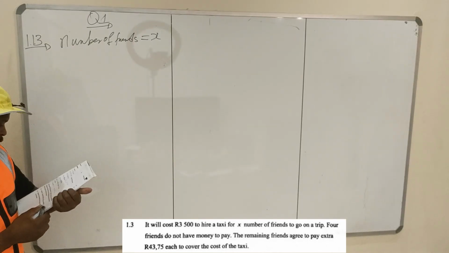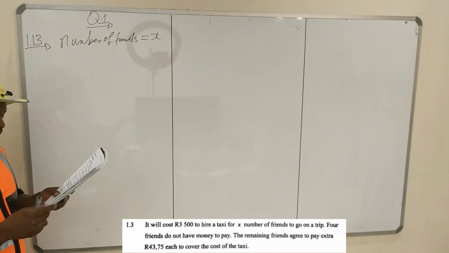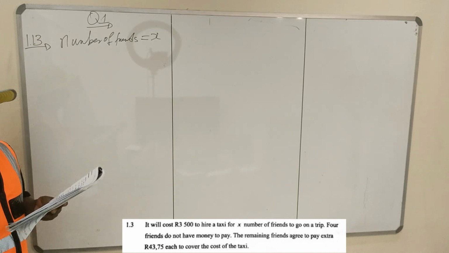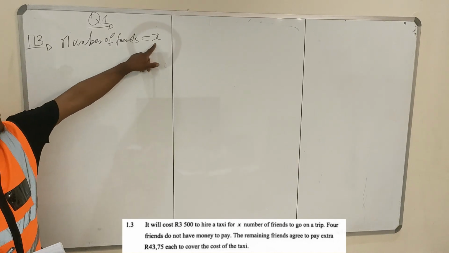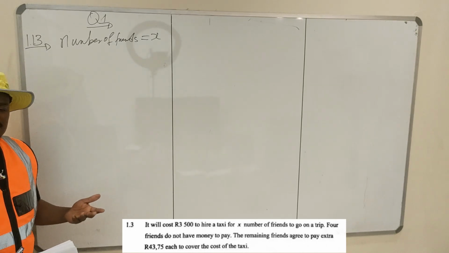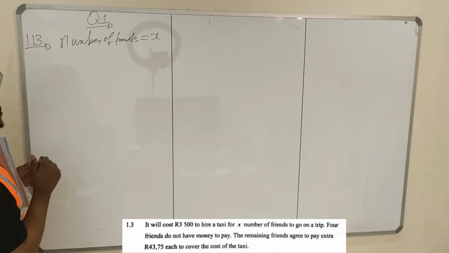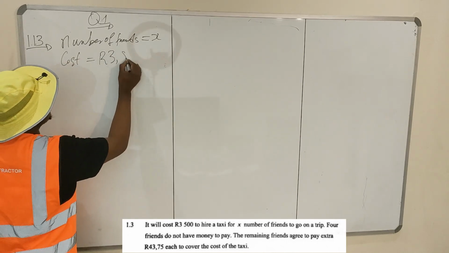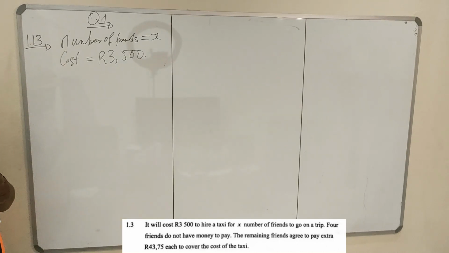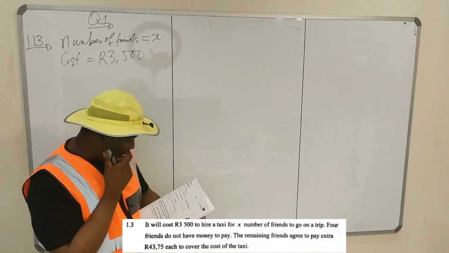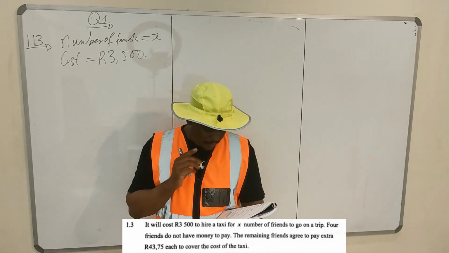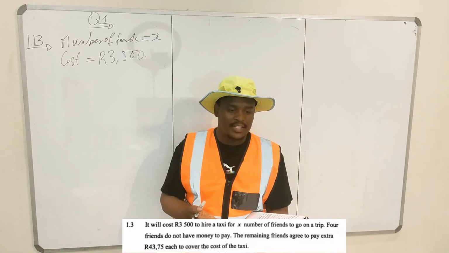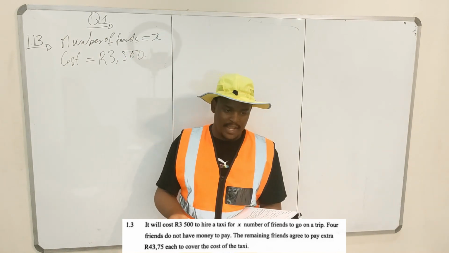They say it will cost 3,500 to hire a taxi for X number of friends to go on a trip. So the number of friends going on the trip is X, and the cost of hiring a taxi is 3,500. Now they are saying 4 of the X friends do not have money to pay.